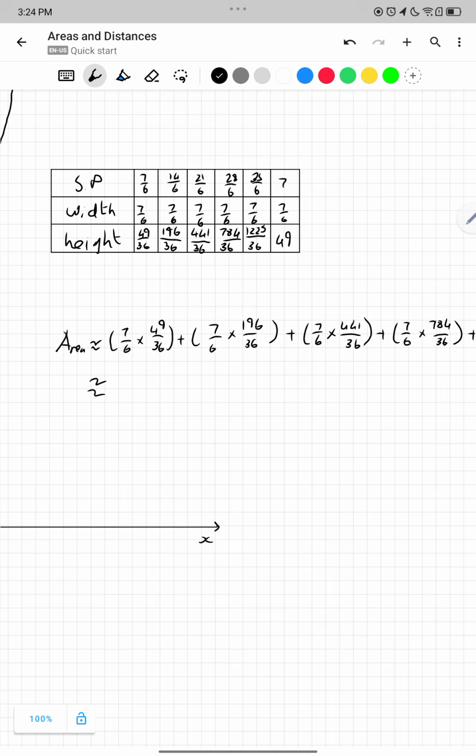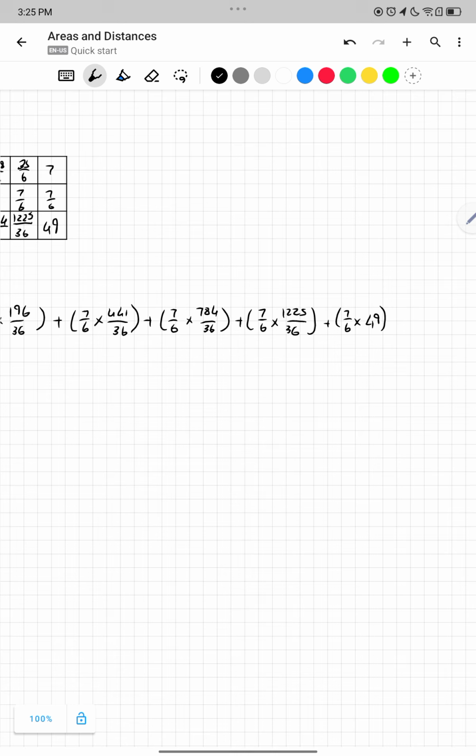So, we're gonna get 7 over 6 times 49 over 36 plus 196 over 36 plus 441 over 36 plus 784 over 36 plus 1225 over 36 plus 49.